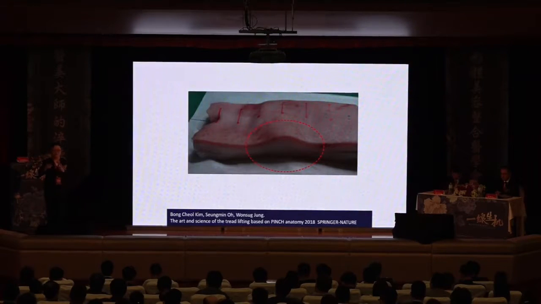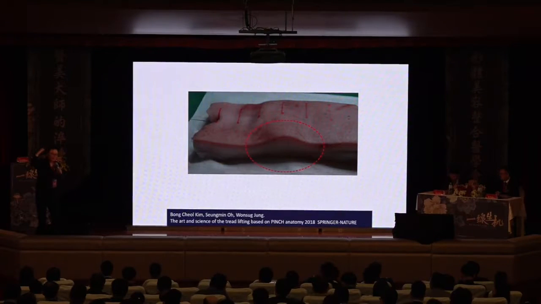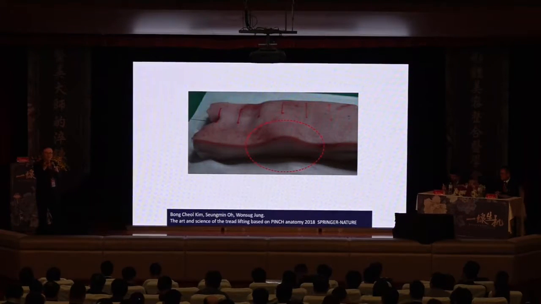So if you want to use the bidirectional cog with a somewhat long thread, you must insert from inside the hairline, from down to upside, or use the short bidirectional cog, which can place the mid area of the bidirectional cog just above the zygomatic arch.